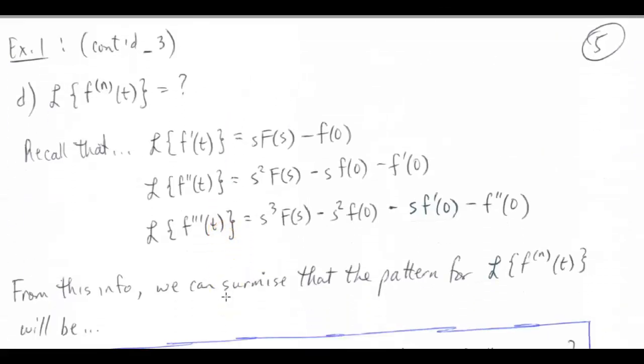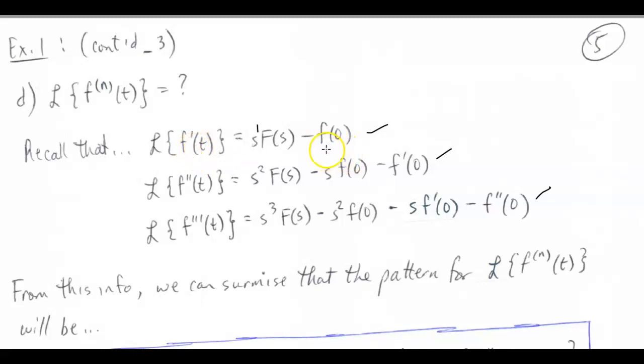And so from here, we've seen enough to see a pattern. If we list the first, second, and third derivatives together, you see that we're always starting off with s to the power that matches the order. So this would be s to the 1, s to the 2, s to the 3 times the Laplace transform of the function.